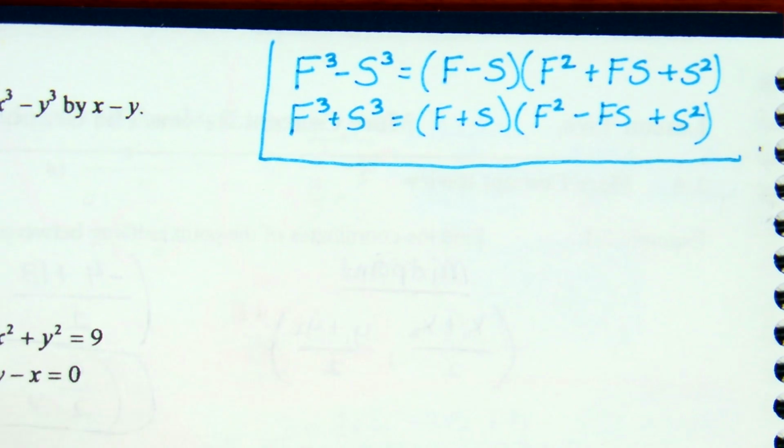We're not going to use long division, but with that in mind, when it says divide x cubed minus y cubed by x minus y, realize division can be expressed as a fraction, right? x cubed minus y cubed over x minus y.